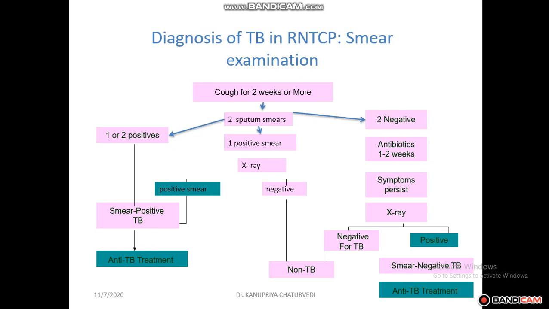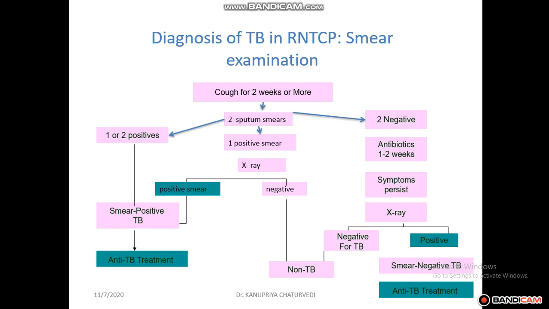If it becomes positive, then that is called smear negative TB. That means in the smear it is showing negative, but in the X-ray it is showing positive. And again the patient has to be on anti-TB treatment. If the X-ray says it is negative, then the patient is called non-TB. The patient has to be referred to a pulmonologist for other respiratory issues.